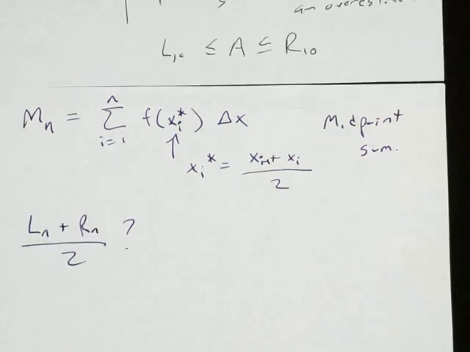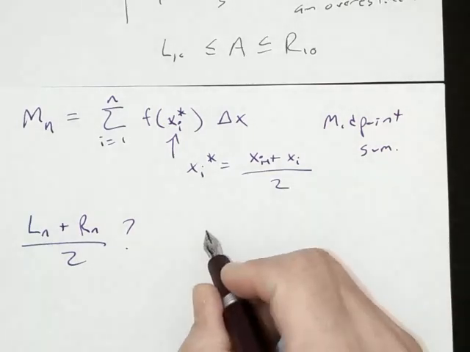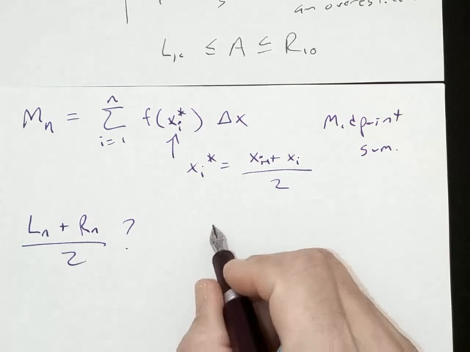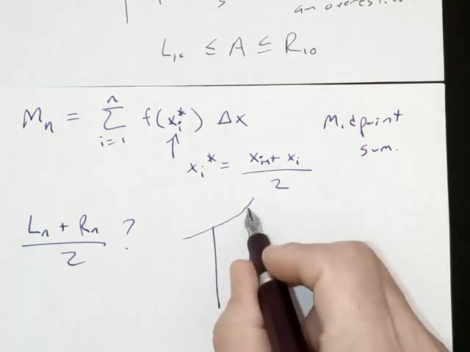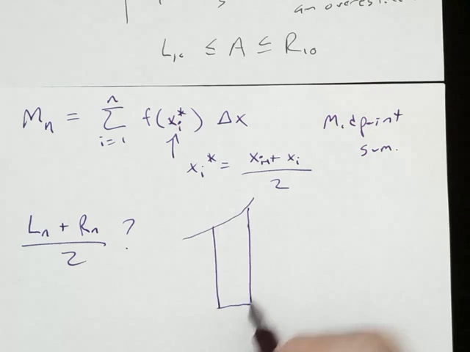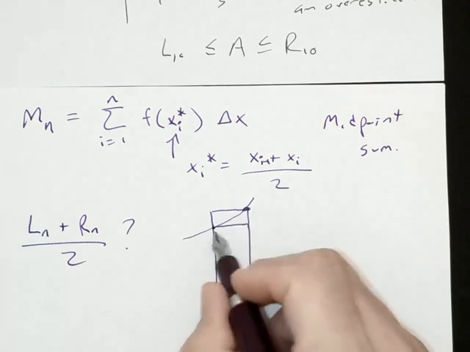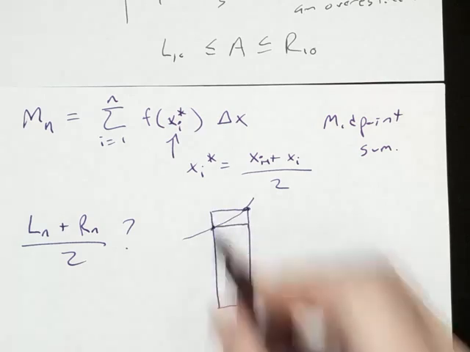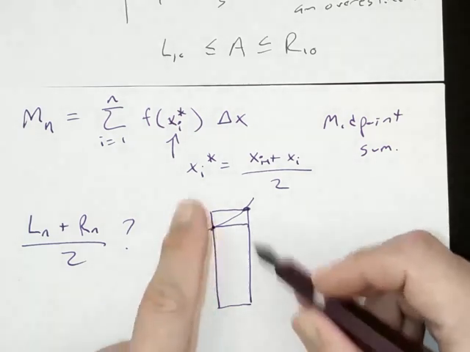Now, it turns out that this actually does give me a nice geometric picture. Let me zoom in on one of the rectangles. So there's the one where I get ln, and there's the one where I get rn, right? I have the underestimate and the overestimate. And if I average those, that would be the same as averaging these two y values.